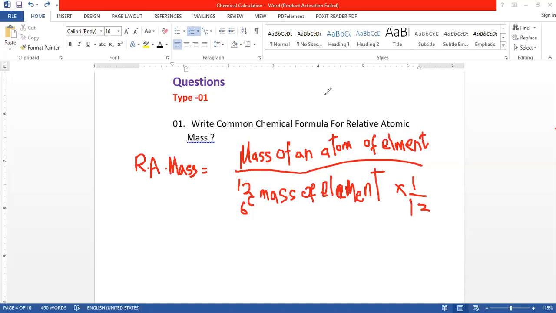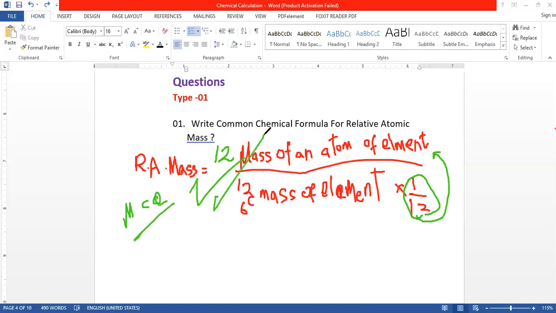But sometimes they will cut this one. Listen here. Sometimes instead of this 1 over 12, if 12 moves upwards, then what about this one? 12. If they give it in an MCQ, is it correct? Yeah, correct.